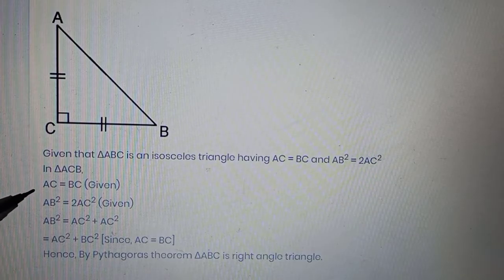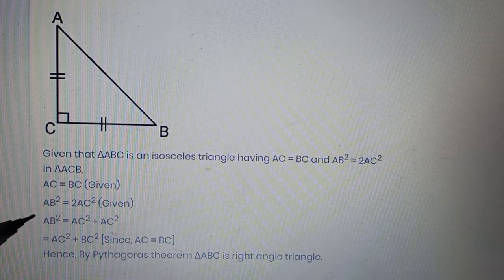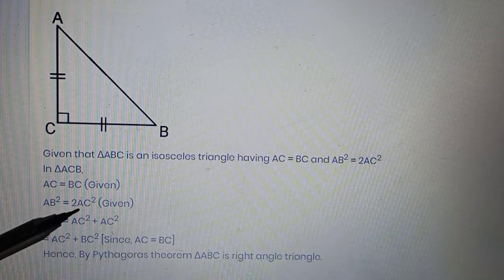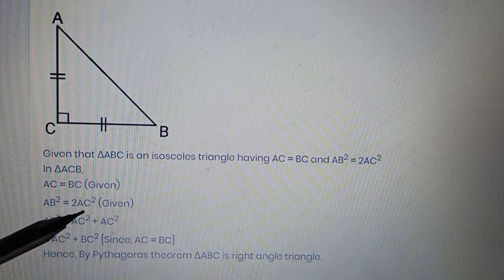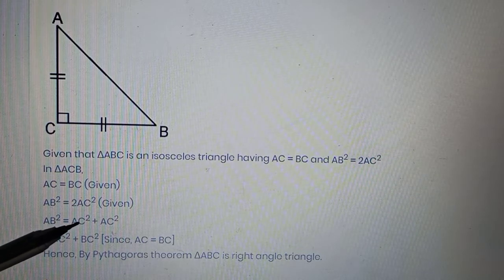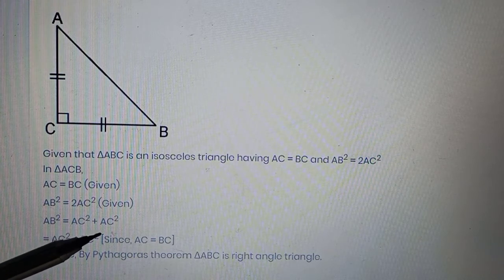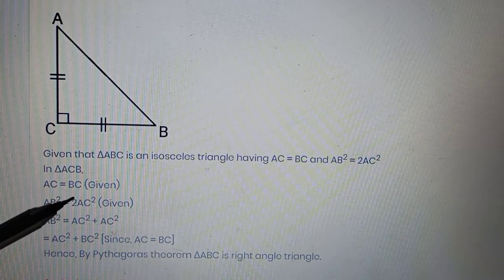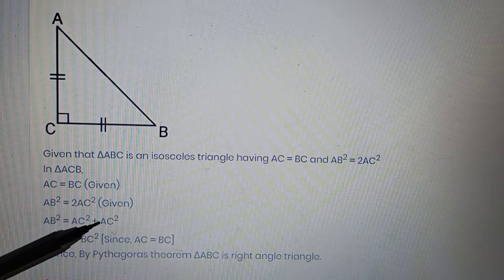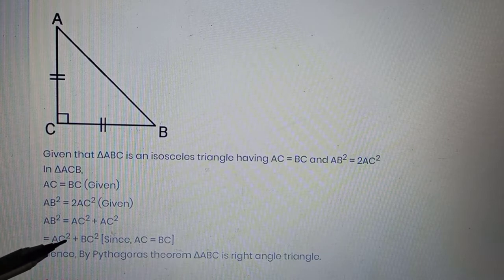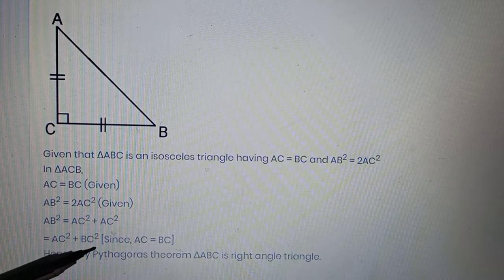Alright, so this was given to us that AC is equal to BC, and this was another thing given to us, which is AB square is twice AC square. We are going to split this. Twice AC square we are writing as AC square plus AC square. Okay, and then one of the AC can be replaced by BC from this equation. So in place of this AC we are writing BC by this equation. Okay, so we have actually got AB square is equal to AC square plus BC square.